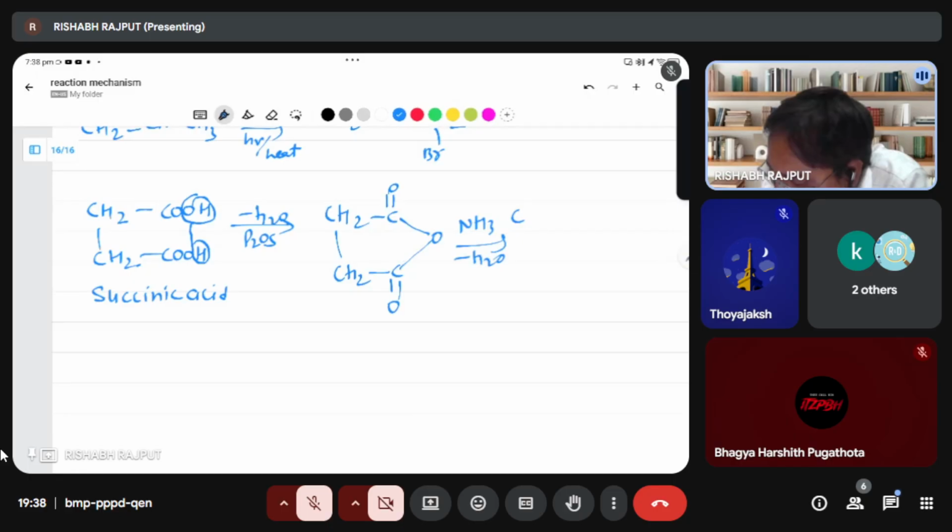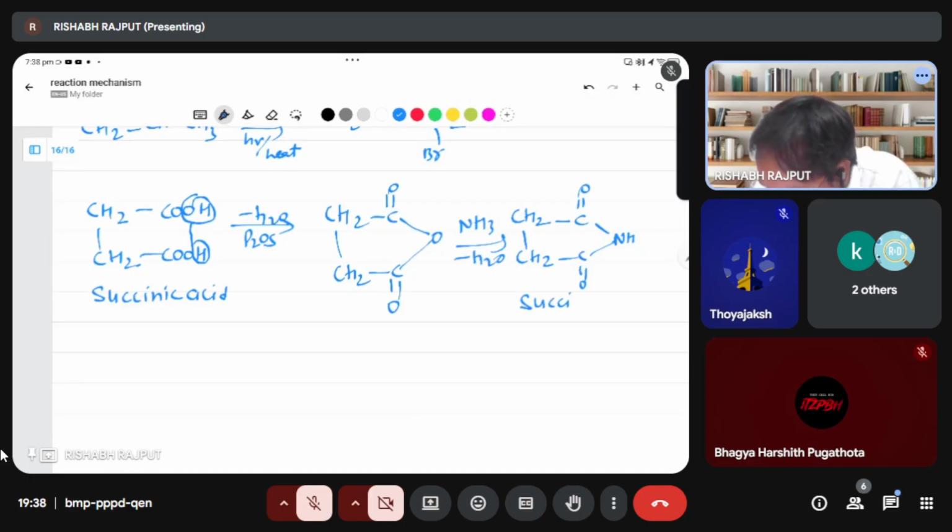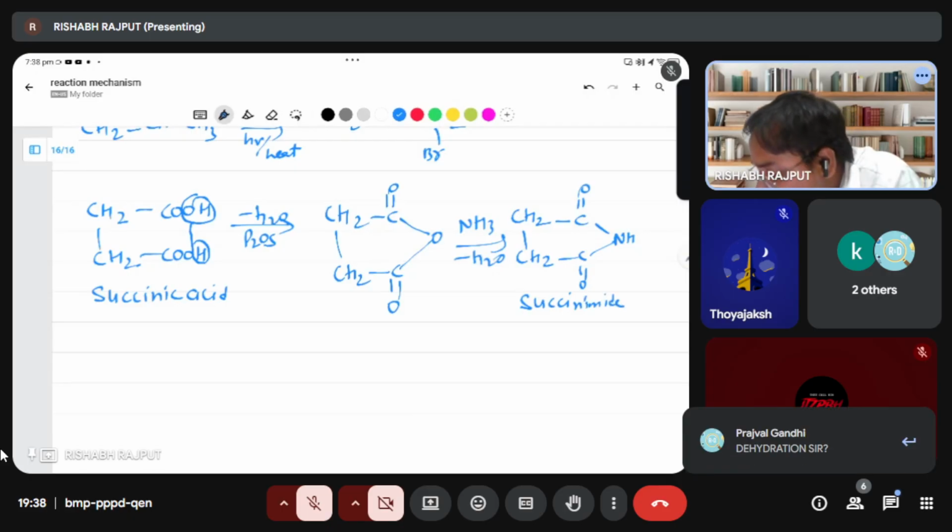And it will make CH2, CH2, C double bond O, C double bond O, and here N will come, NH will come. That is succinimide. That is the name.